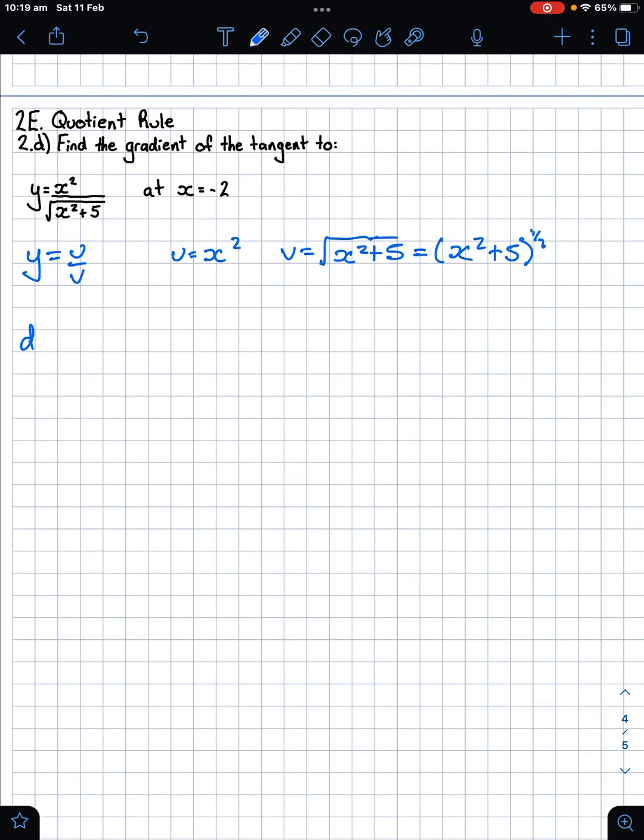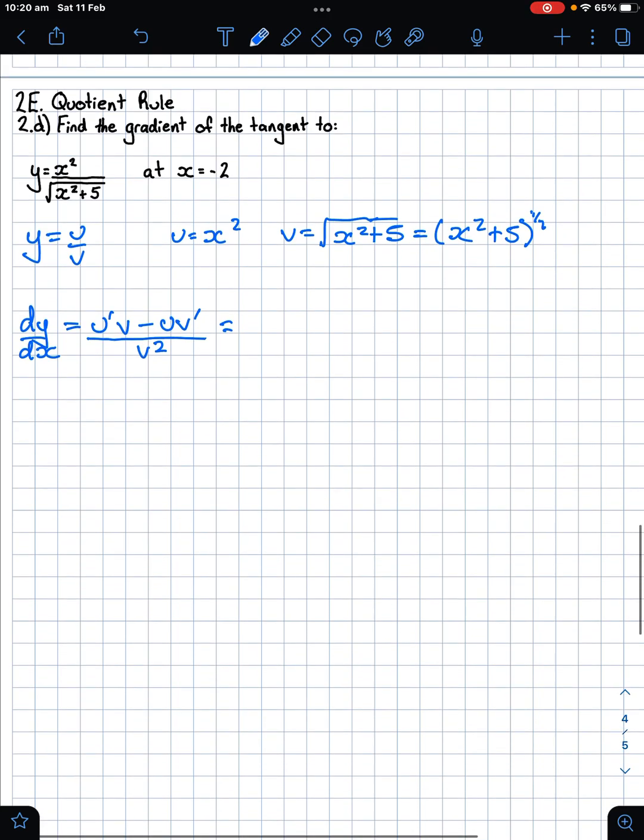It means our derivative of y with respect to x is going to be u dash v minus u v dash, all over v squared. We get this rule from the product rule, but for the minute let's just roll with the quotient rule. This is the form it's in.